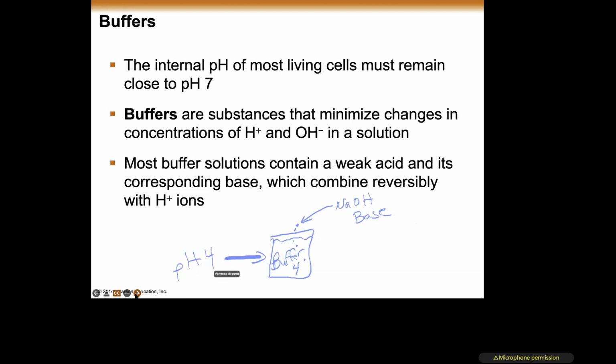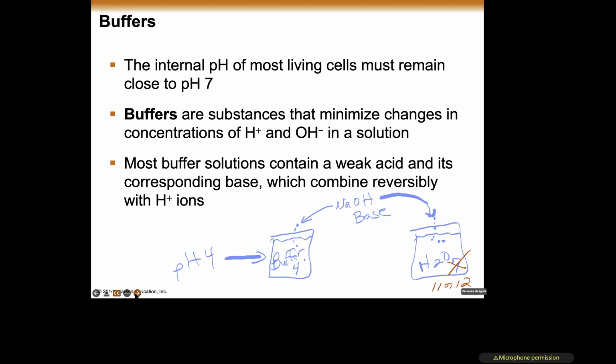It's going to maintain it the best it can for a really, really long time. Versus if I were to take this sodium hydroxide and drop it in water, water is a 7, oh my gosh, within a couple of drops, it's going to shoot to a pH of 11 or 12.